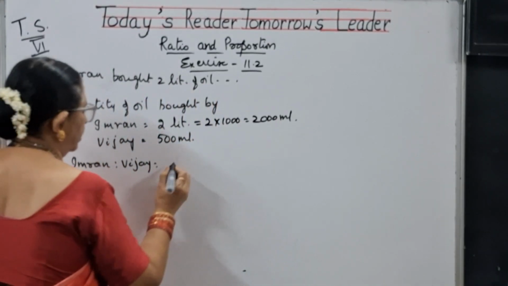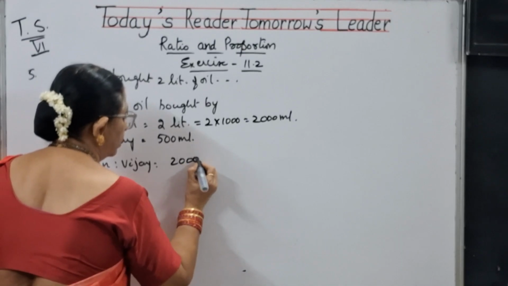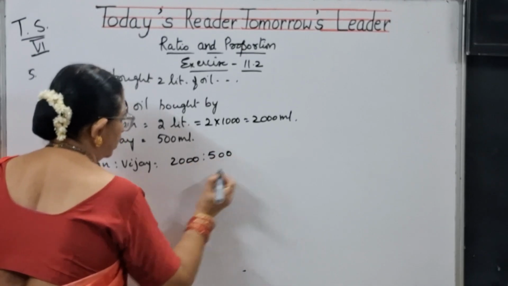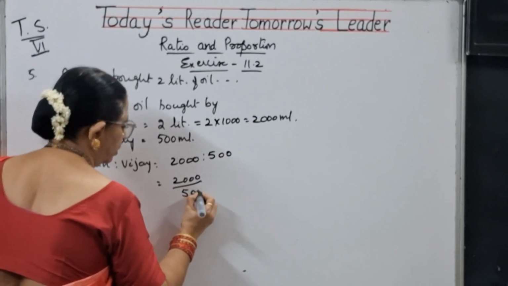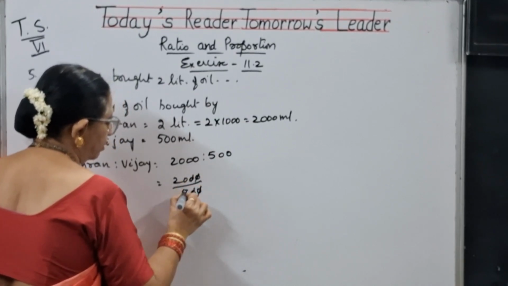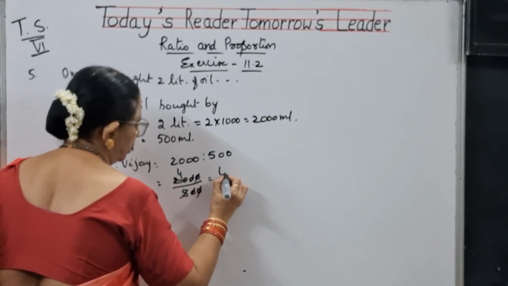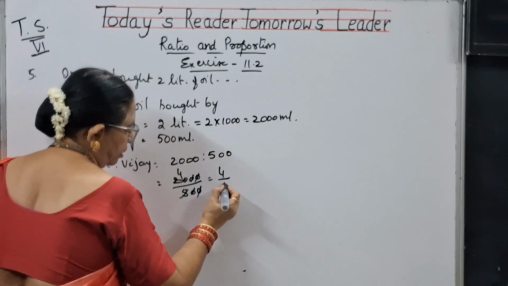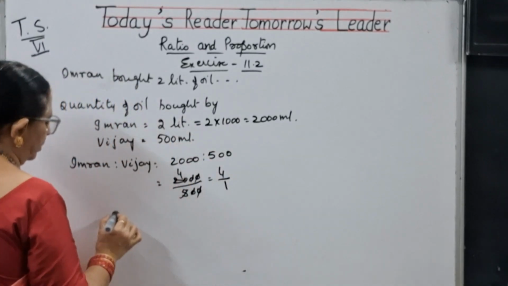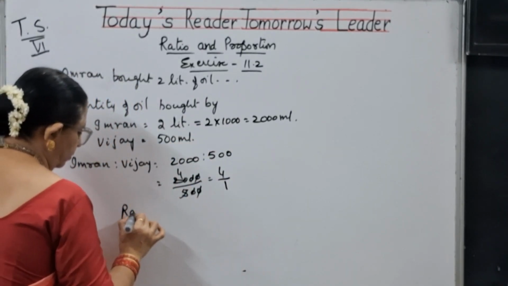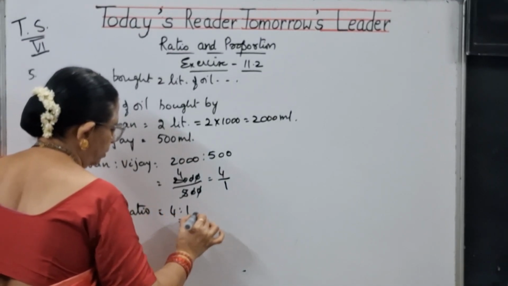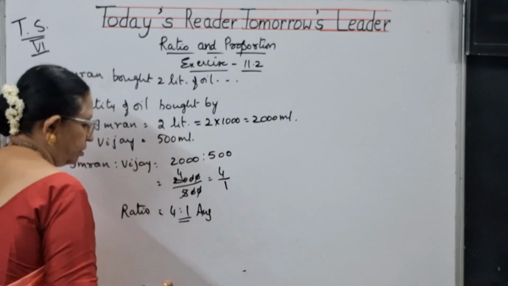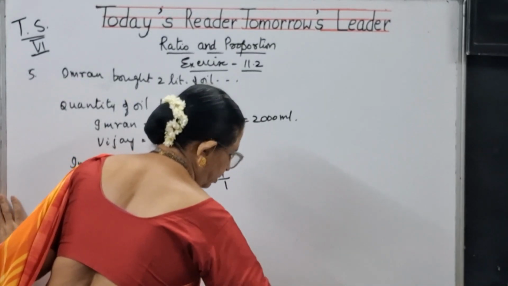So first Imran, then Vijay. That is 2000 is to 500. That is equal to 2000 by 500. Zeros will get cancelled. 5 ones are 5, 5 fours are 20. So actually we are getting 4, but ratio we have to write, so 4 by 1. So what is the ratio? The ratio is equal to 4 is to 1. This is the answer, children, for this problem. Note down.